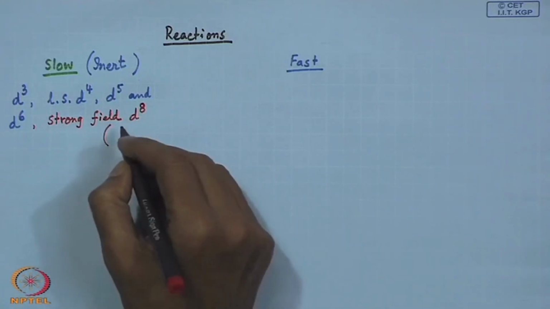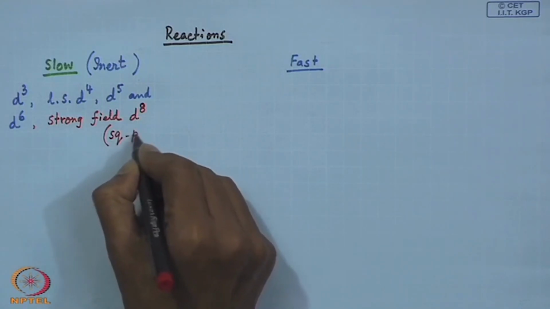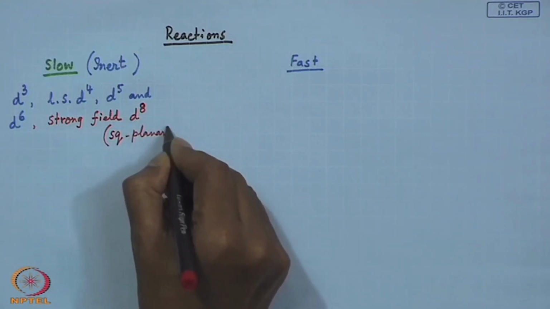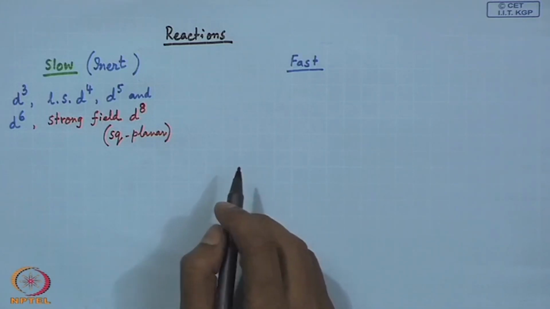Definitely in strong field d8 configuration, in most cases we get the square planar complexes such as several platinum and palladium compounds.